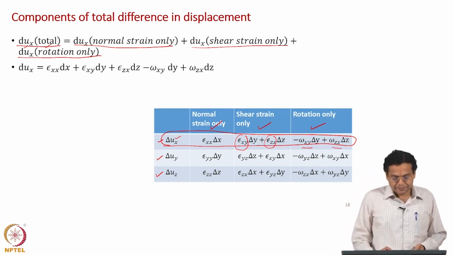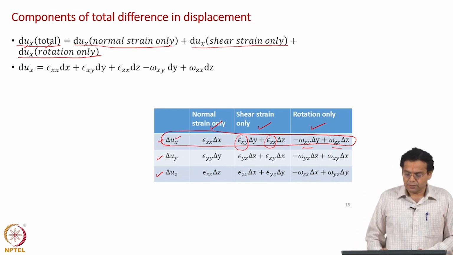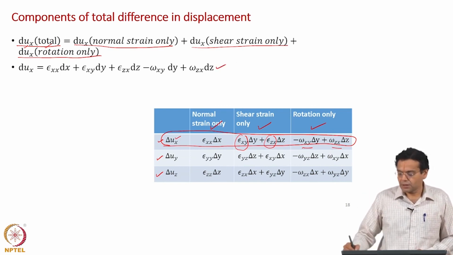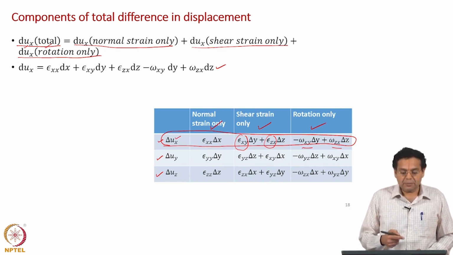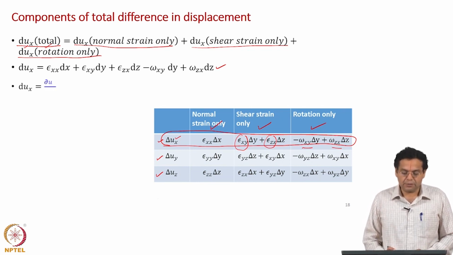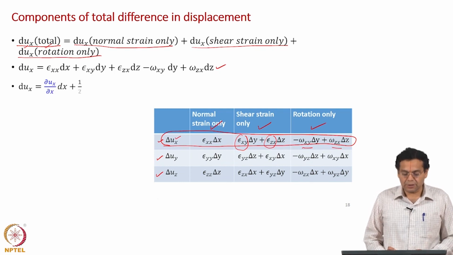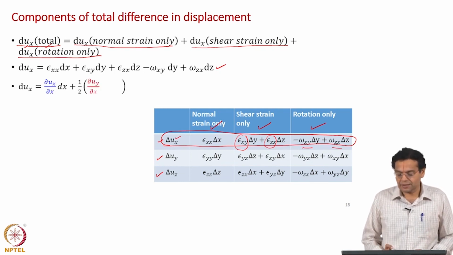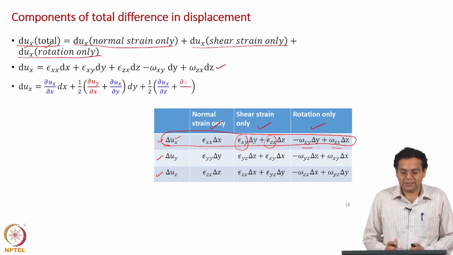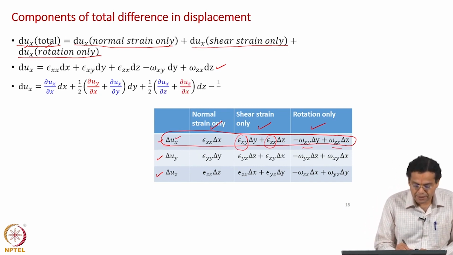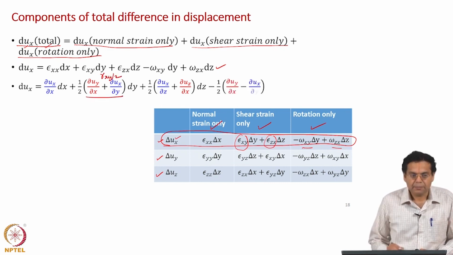Okay, now what we will do, so this equation is just sum of all the terms in the first row. We will express them in terms of displacement gradients. Okay. So, let us do that. dux is equal to epsilon xx, which is nothing but dou ux by dou x, you will understand the color shortly. Okay. And epsilon xy, remember, is shear strain by 2, please keep that in mind, usually it is a cause for confusion. Epsilon xy is gamma xy by 2, this is gamma xy multiplied by a half.